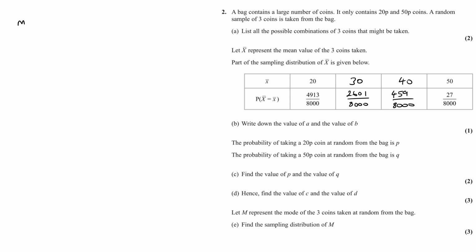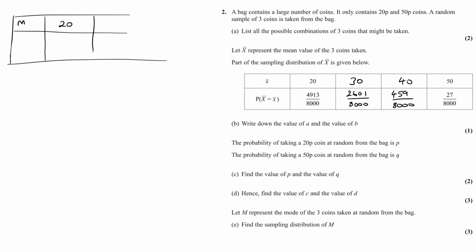So if we have a table, just going to do a rough table here. So 20 or 50, because when you pick the three coins out, there's not going to be no mode. There's always going to be at least two coins of one type, yeah?